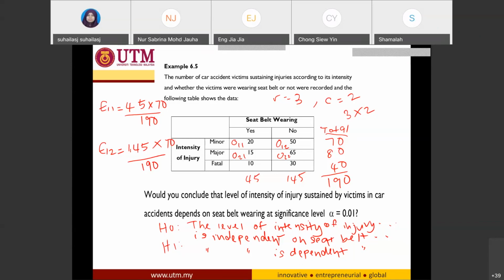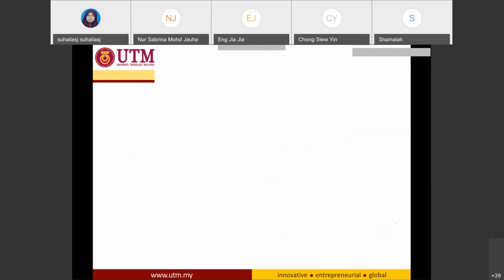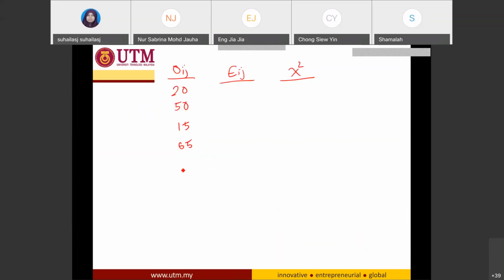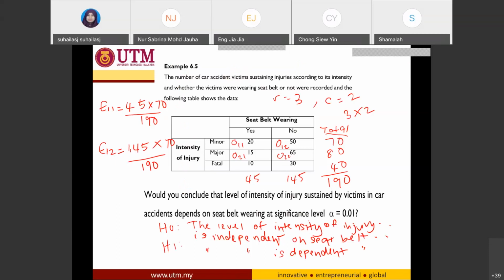Okay, let's go to the next slide. We put OIJ here, and then you have EIJ, and then you build up your chi-square. So OIJ, you have 20, 50, then 15, 65, then 10, 30. In your working steps, make sure you show E11.